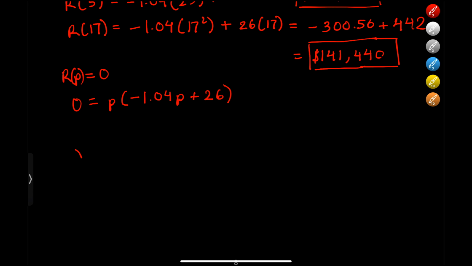Now we know that p is equal to 0 is one zero, and now we could set this equal to 0, and we'll find the second value of p. So it will become p is equal to negative 26 over negative 1.04, so that becomes positive. And then if I do that, we get 25. So the second value is 25.